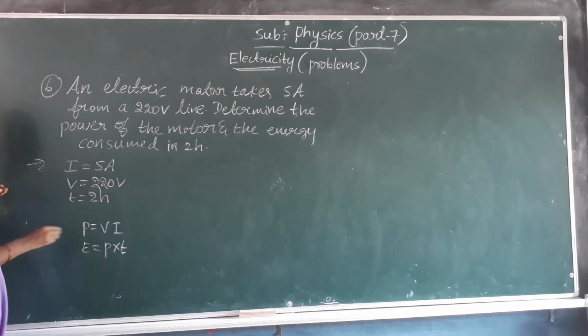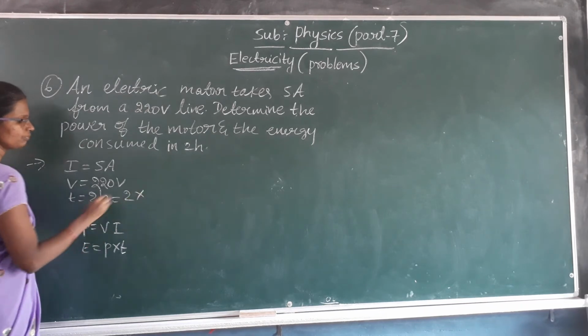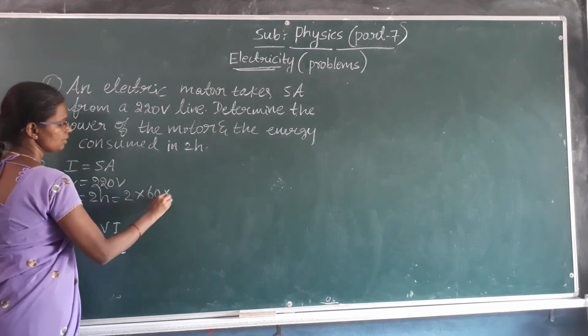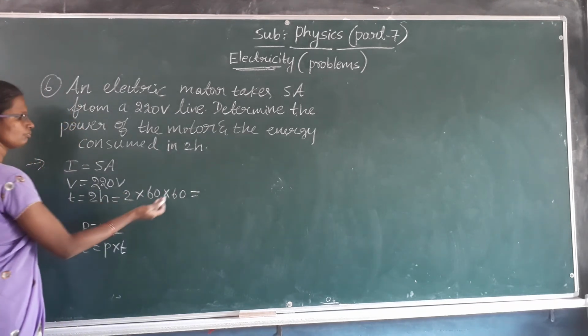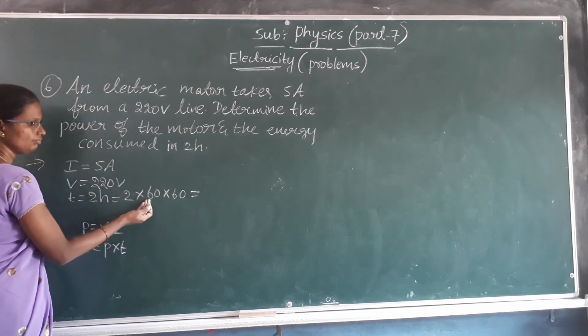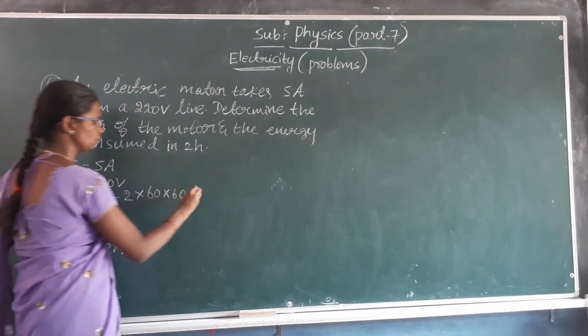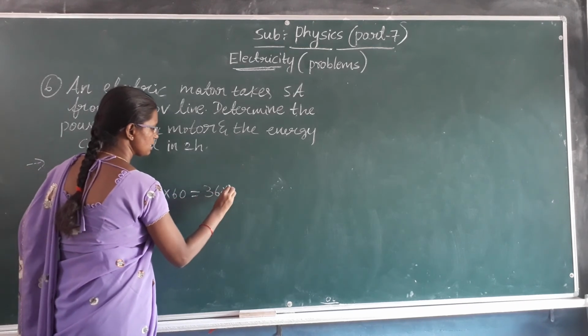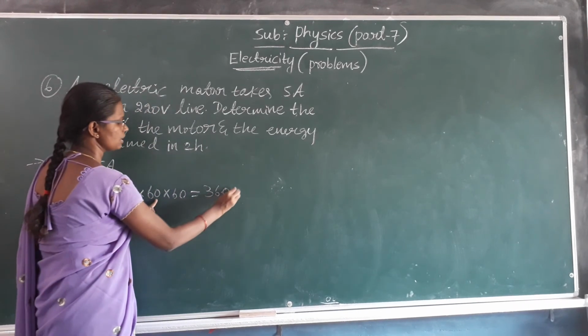You have to convert it in terms of seconds. So 2 into 60 into 60. 6 6 is 36. How many zeros are there? 2 zeros.